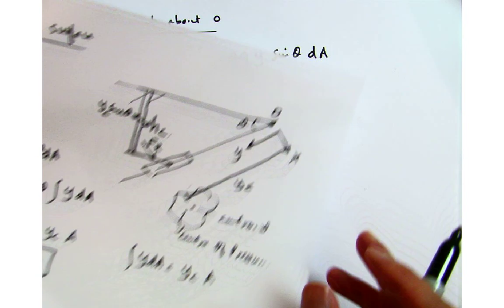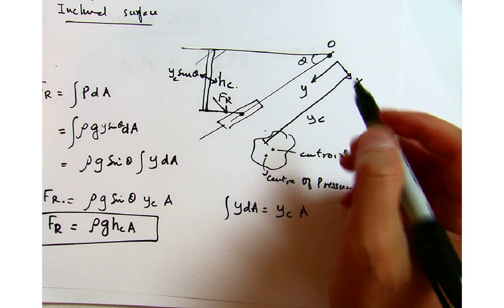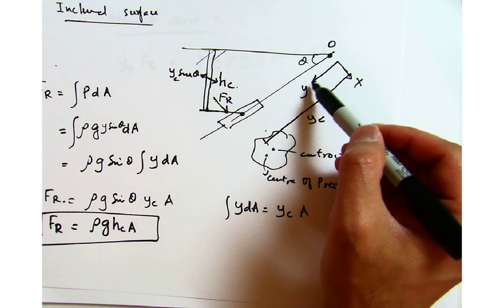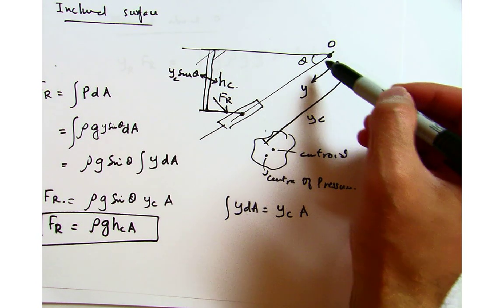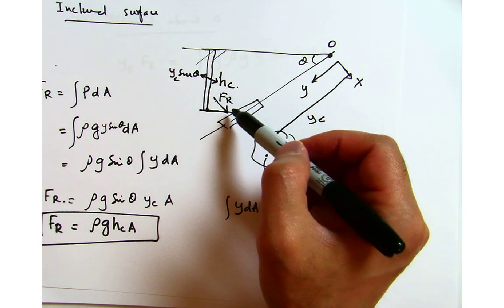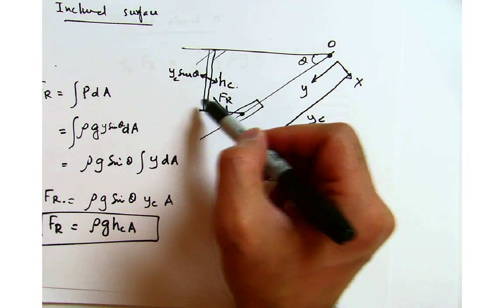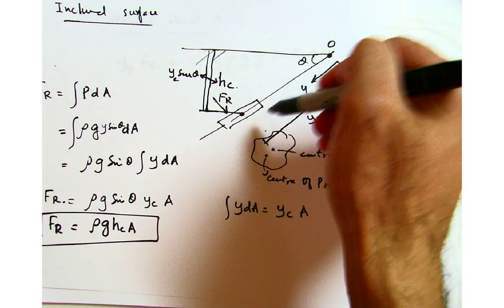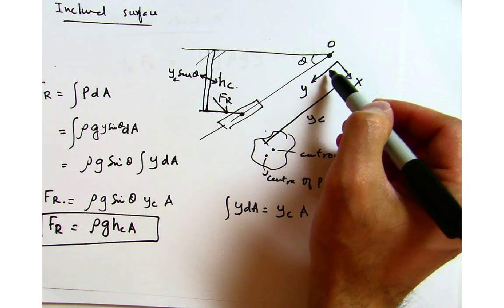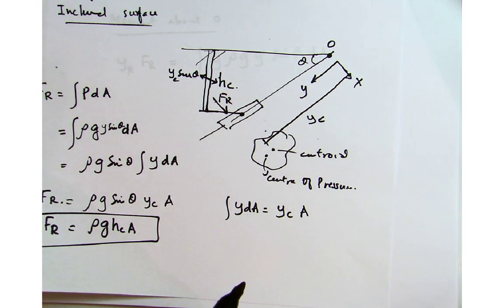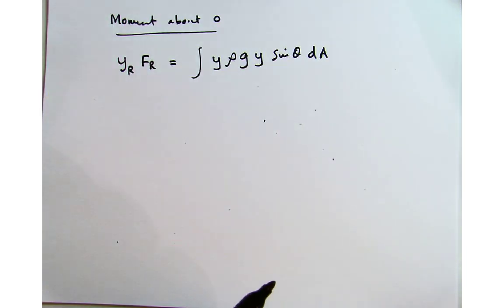As we defined our distance, in this direction we are trying to find the moment. If the force is acting this way, which has the magnitude of y sine theta, then you're multiplying this with this y over here to figure out what this moment would be at distance y.